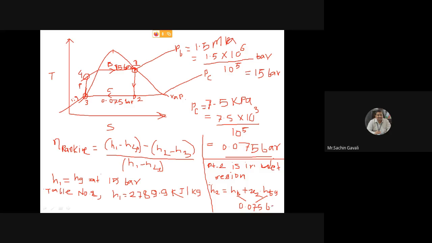Now the table number again, same table, Table number 2 we have to refer. And we have to find out this H2. Therefore H2 is coming as, who will tell? H2 is equal to Hf at 0.075 bar.